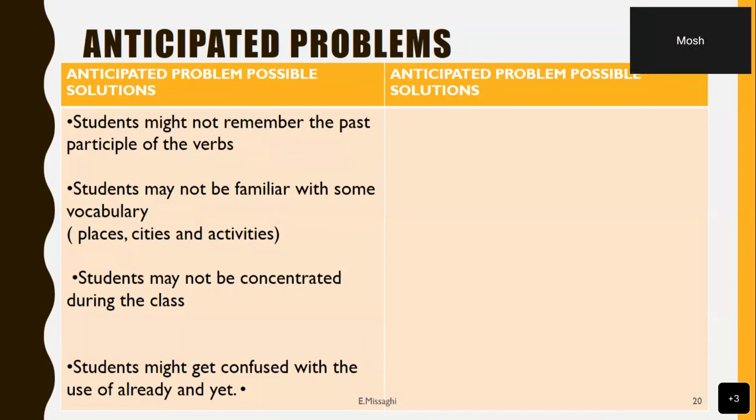So if the students don't remember the past participle or the verbs, perhaps you might already have flashcards that have the information, put it up on the board for them to remember and use during the lesson. Very good.